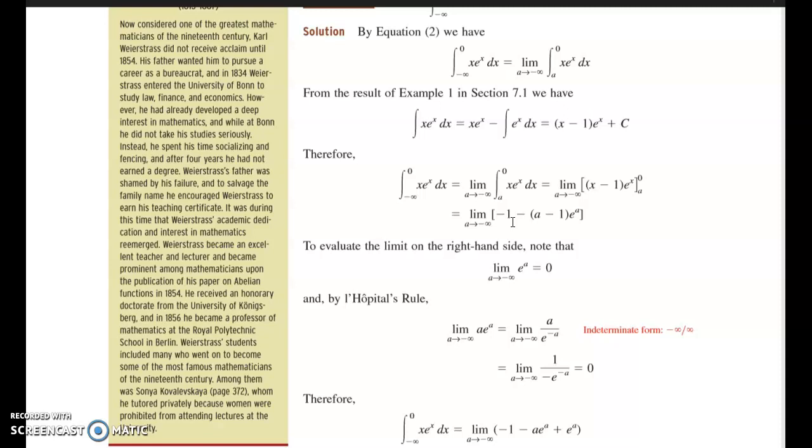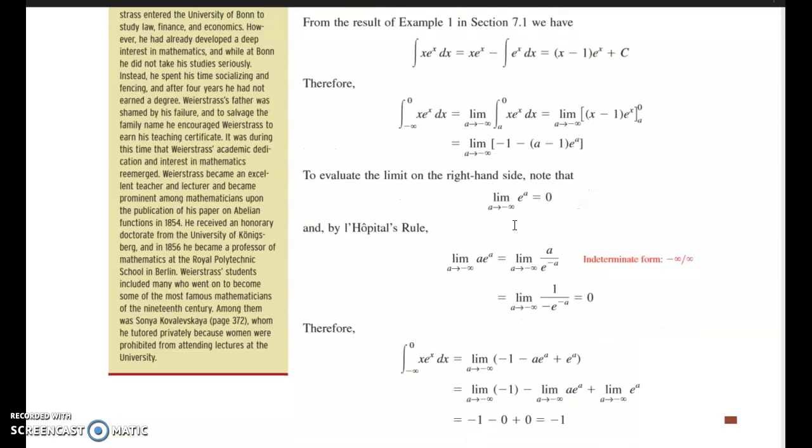This equals minus 1 minus (a minus 1) raised to e raised to a. So letting a tend to minus infinity, this term will get cancelled. That will be 0. Okay, so minus 1 is the remaining term in this.